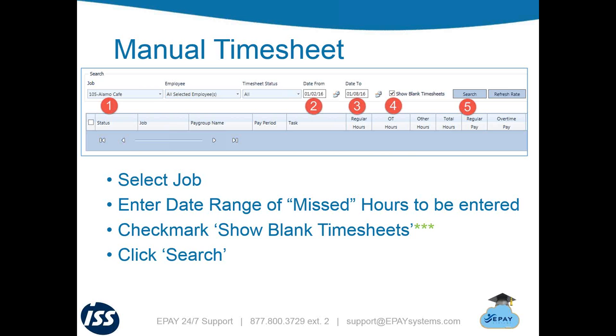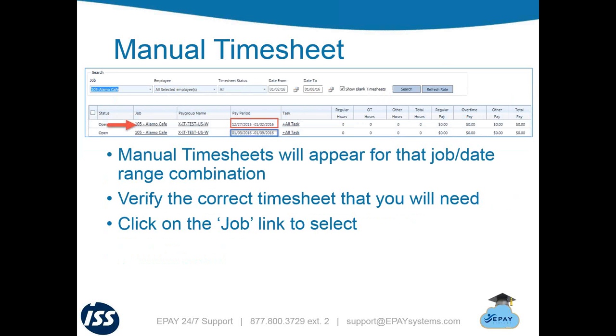Now, once you click search, you're going to go to the next view, which allows you to see all of the timesheets that are available for you that match that criteria. Now, if you look on the screen here, I know it's a little small and hard to see, but you can quickly tell that when I did the search for the date range of January 2nd through January the 8th, it pulled up 2 timesheets for me that actually meet that criteria.